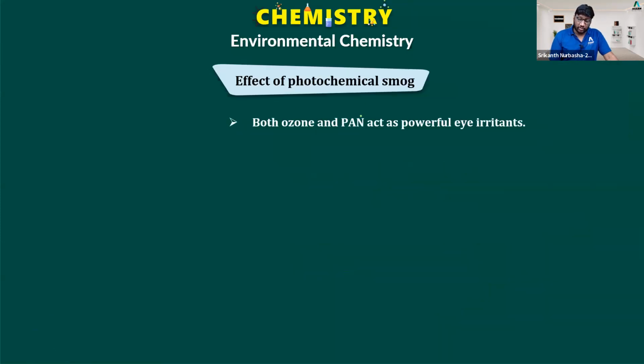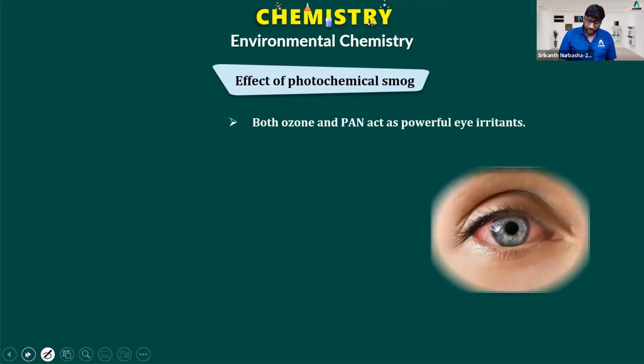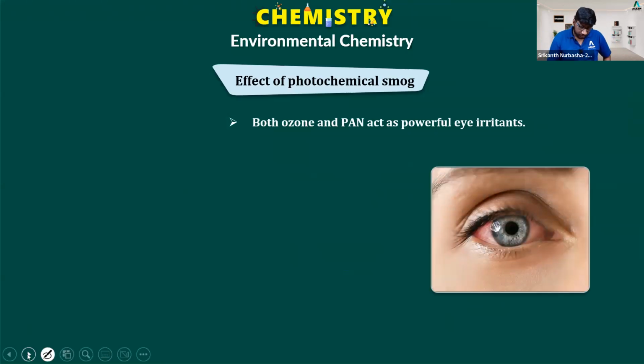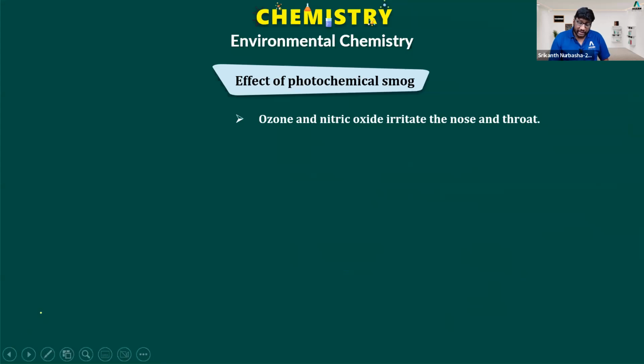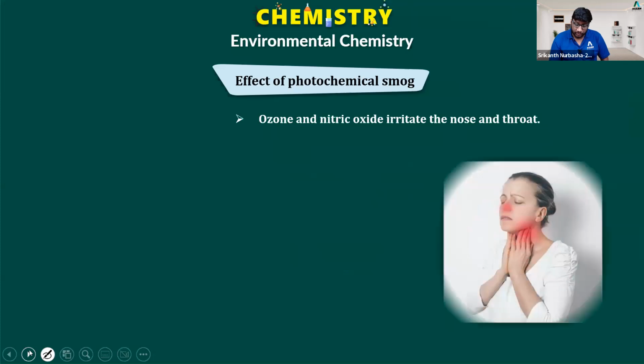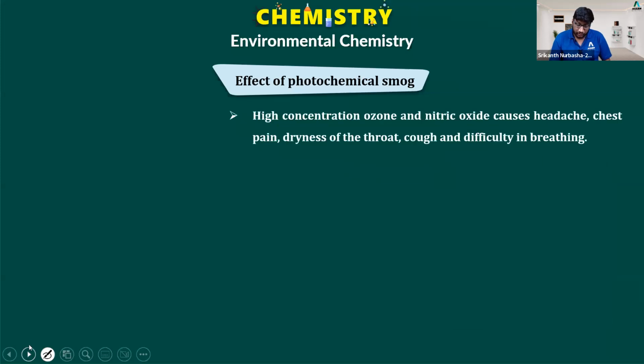Effect of photochemical smog. Both ozone and PAN, peroxyacetyl nitrate, are powerful eye irritants. They cause irritation to the eyes. Ozone and nitric oxide will irritate the nose and throat. Ozone and nitric oxide will cause irritation in the nose as well as the throat.